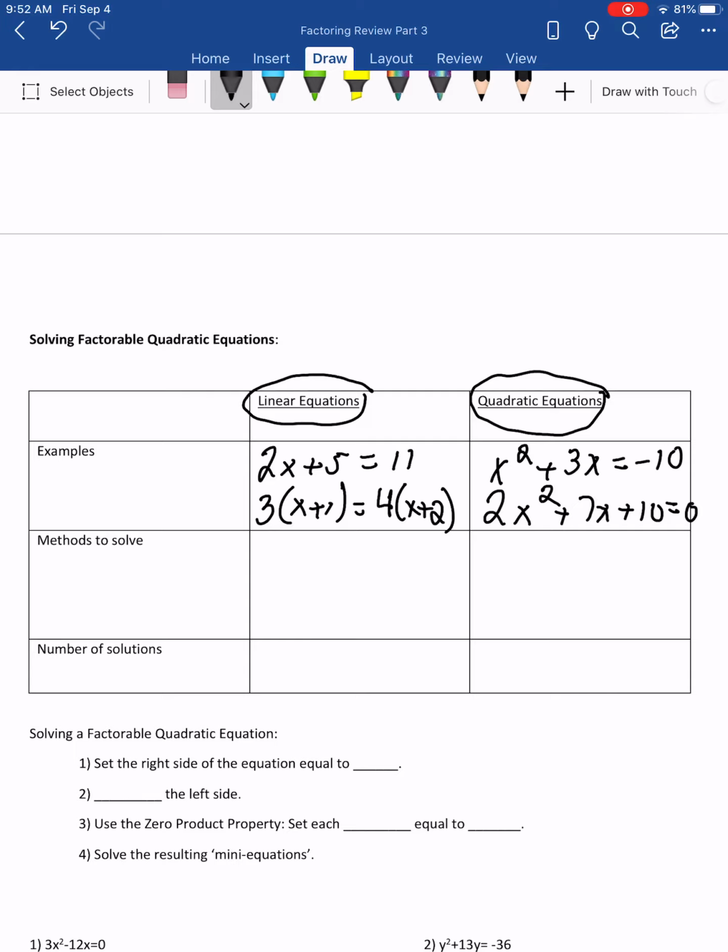Well, actually, let's go back a second. What you should notice, linear equations, the degree, the highest exponent is always 1, right? All these x's are understood to have 1s for their exponent. For quadratic equations, what makes a quadratic equation is degree is 2.